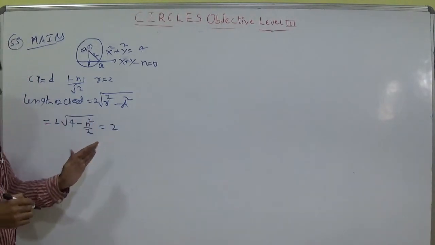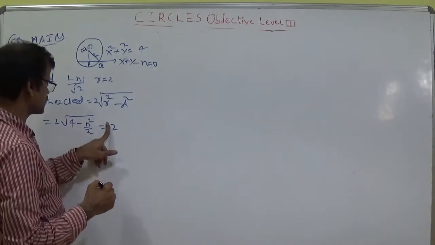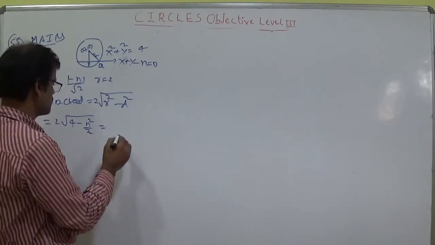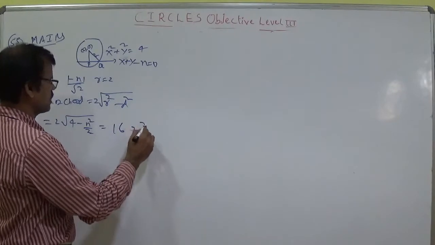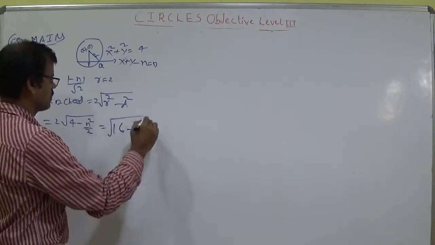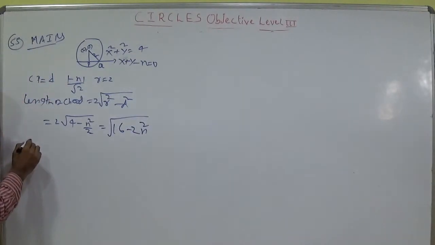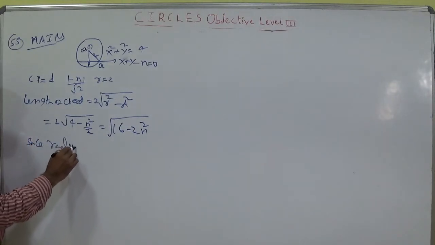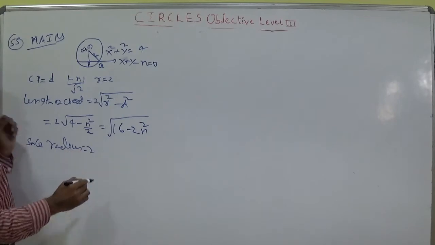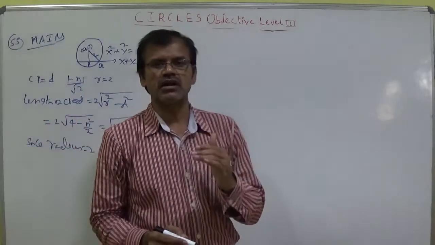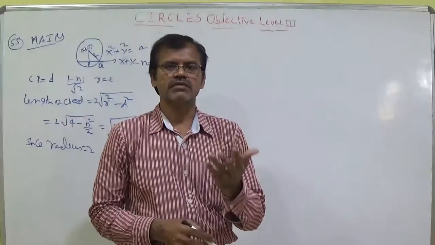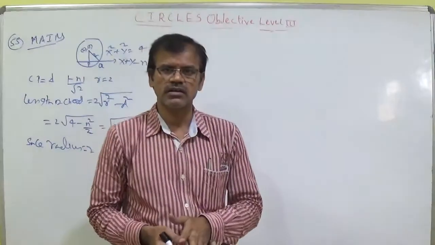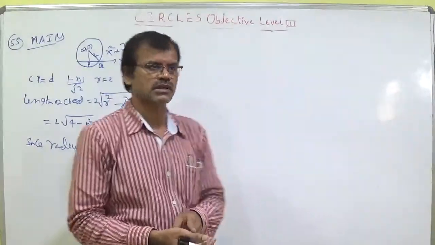This 2 taken inside becomes 4, 4 fours are 16. So 16 minus 2n square, we can write 2 over root. Here you should observe one thing: since the radius is equal to 2, the length of chord should not exceed the radius. Whenever it exceeds, it is not a chord at all. The line is outside of the circle.